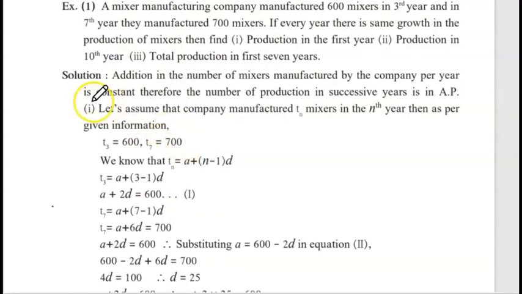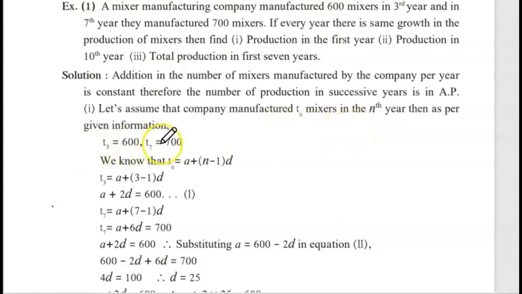Now solution. The addition in the number of mixtures manufactured by the company per year is constant. Therefore, the number of productions in successive years is in AP. First, let's assume that the company manufactured Tn mixtures in the nth year.